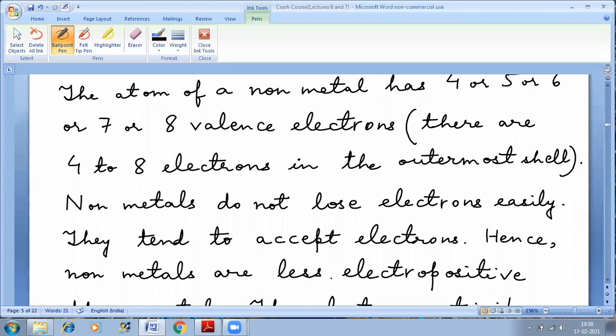Right? That is how it is. So a metal is always going to be more electropositive than a non-metal.